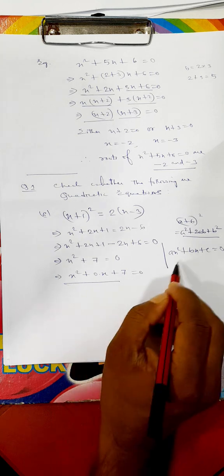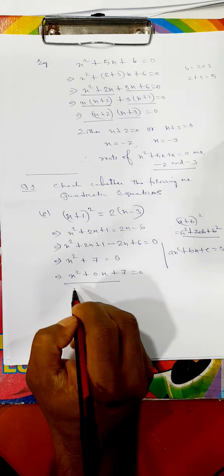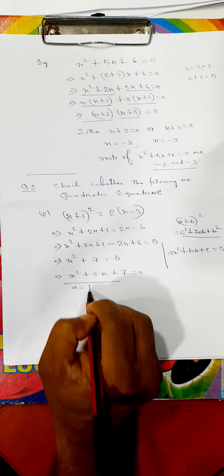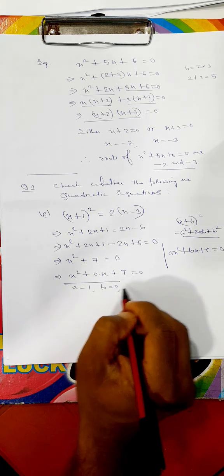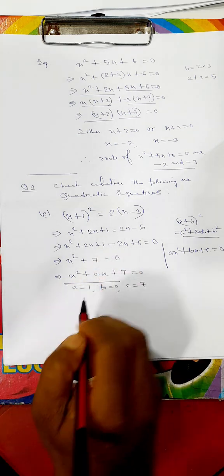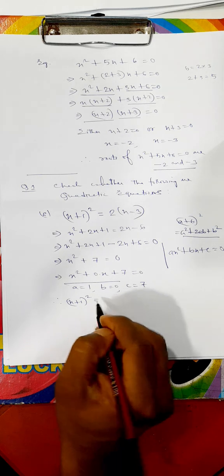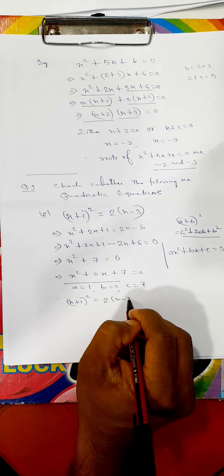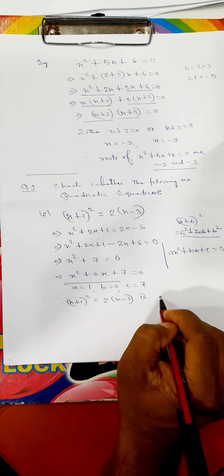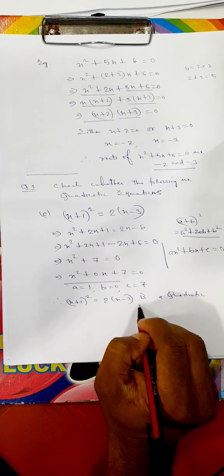Standard form of quadratic equation, ax square plus bx plus c equal to 0. Here a equal to 1, b equal to 0, c equal to 7. So it's a quadratic equation. Therefore, (x plus 1) whole square equal to 2 into (x minus 3) is a quadratic equation.